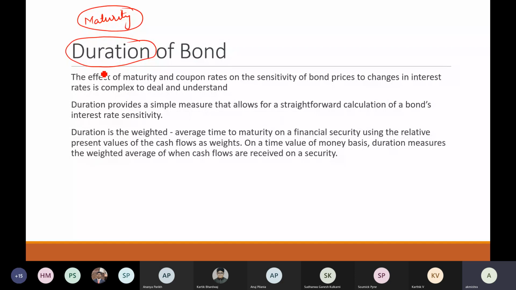Whereas duration is the weighted average time to maturity on a debt security or financial security, using the relative present value of cash flow as a weight. So we will see how we can calculate it and where we are going to use it, because duration is a measure that tells you about the sensitivity of a bond.